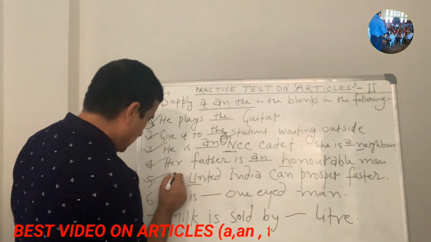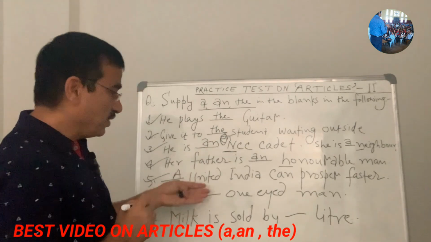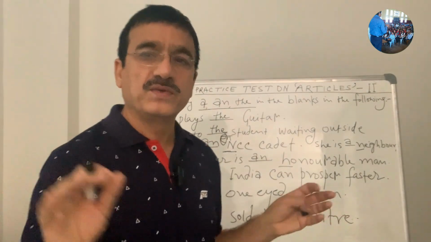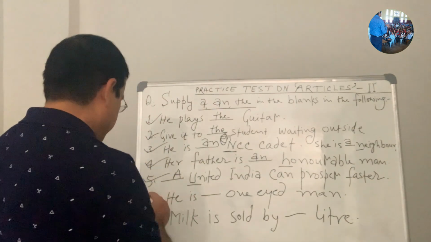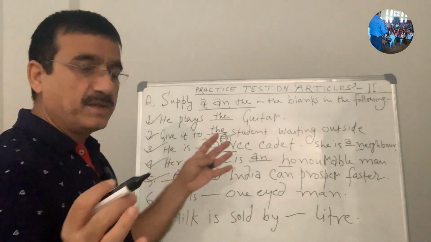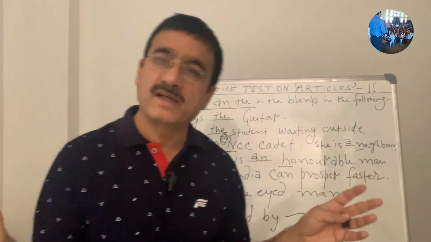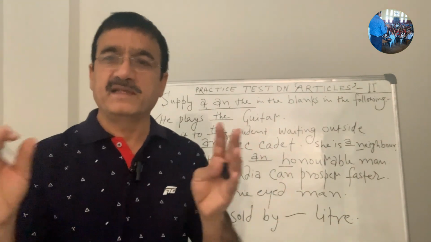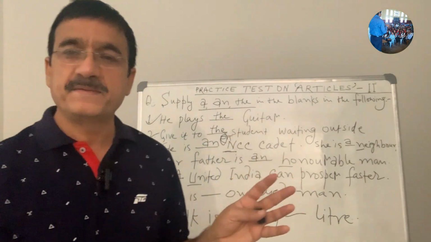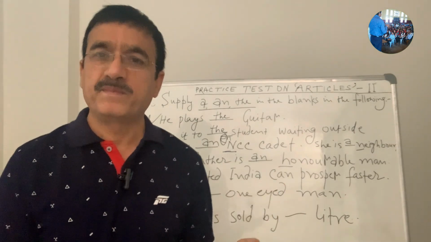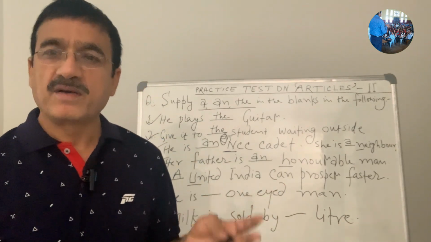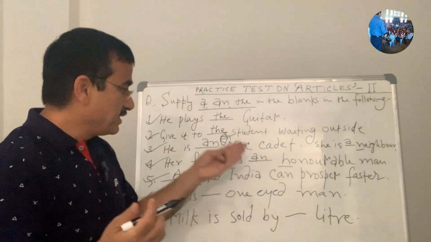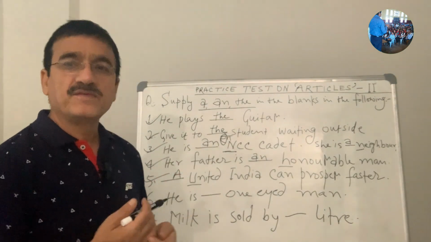So it should be a united India can prosper faster. If the people of India keep on quarreling, fighting in the name of religion, community, ethnicity, castes, tribes, then it will hamper the progress of the nation. This is why a united India can prosper faster.